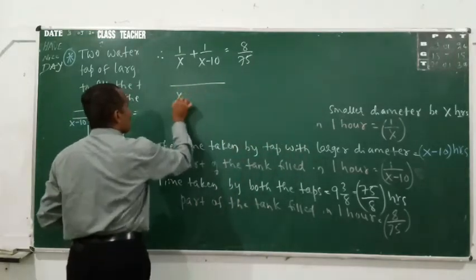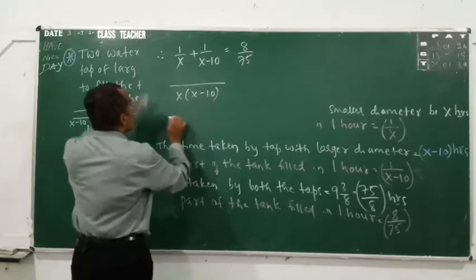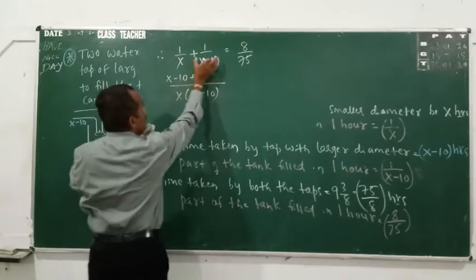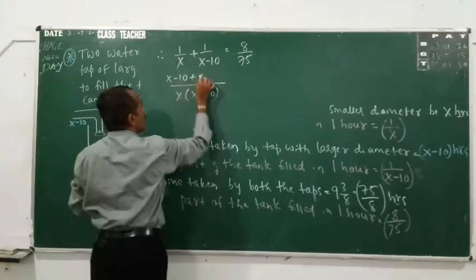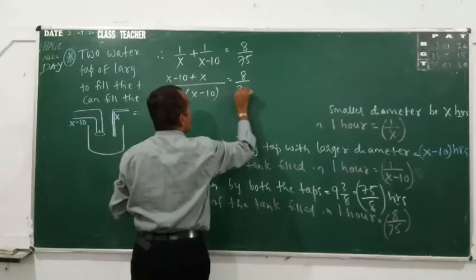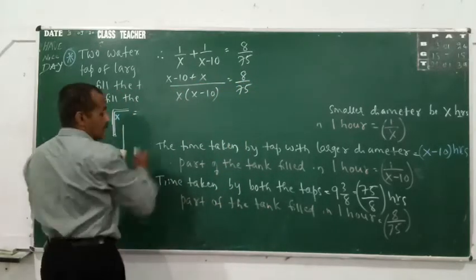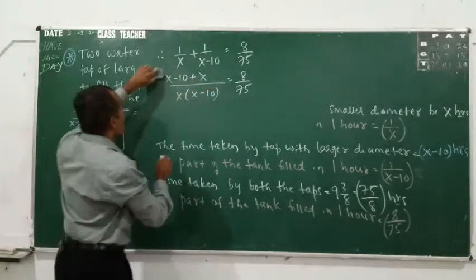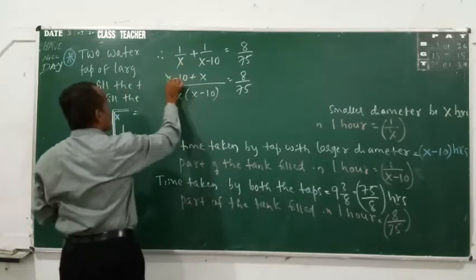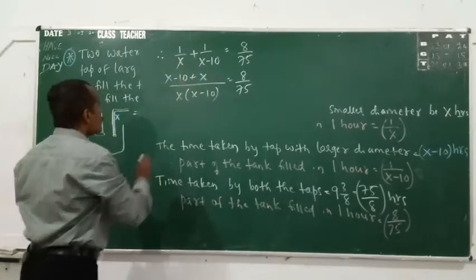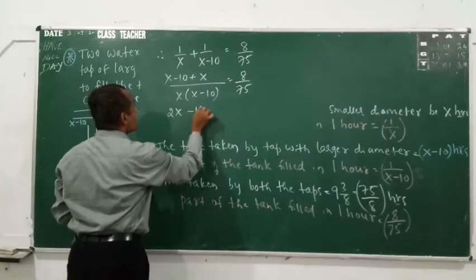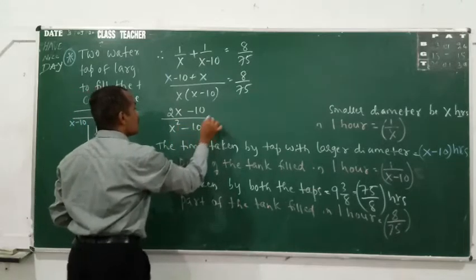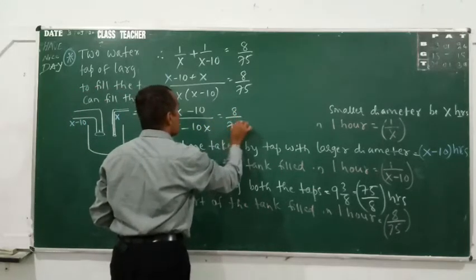Take the LCM: x into x minus 10. These two are the same. Multiply x minus 10. X into 1 is x. Sorry, it is 2x minus 10 divided by x squared minus 10x is equal to 8 by 75.